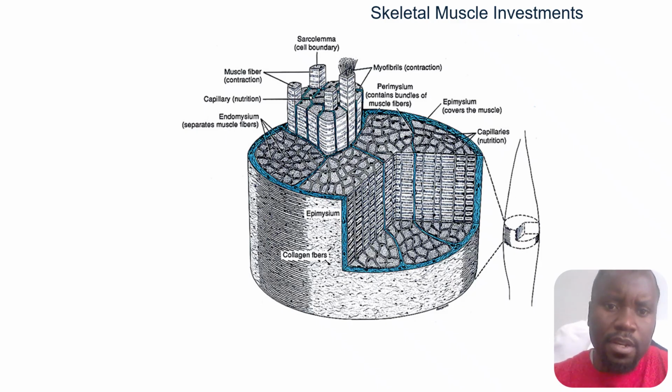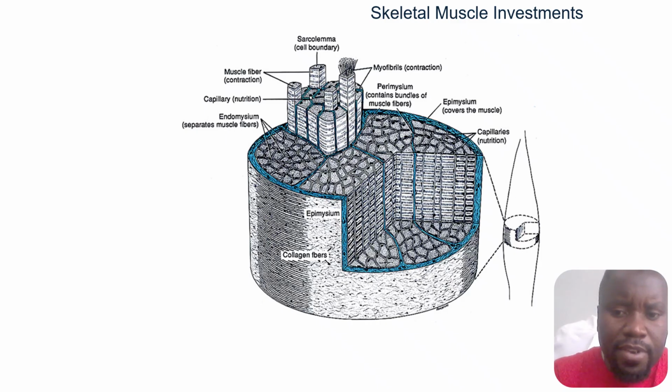The basic component of skeletal muscle tissue is the myocyte, or the skeletal muscle cell, or the muscle fiber. That is covered with connective tissue to separate one from the other.